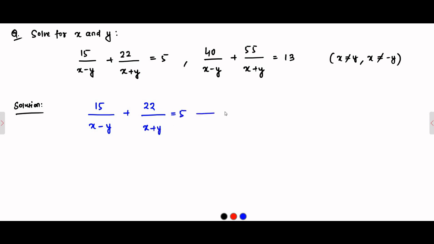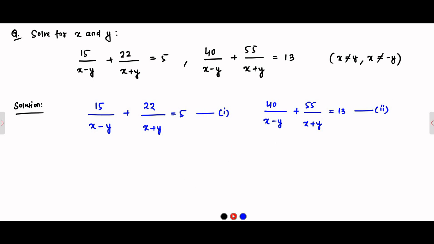This is equation 1. Then 40 by x minus y plus 55 by x plus y is equal to 13, and this is equation 2.